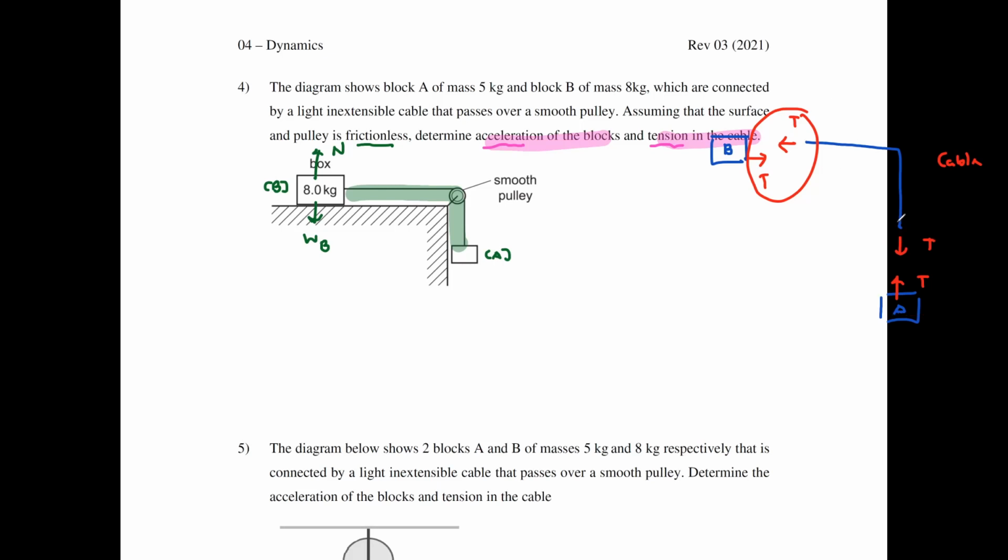All right, so you're just considering only the forces on the block, not the cable right now. The forces that I'm labeling here are only for the block. There's a tension T here.